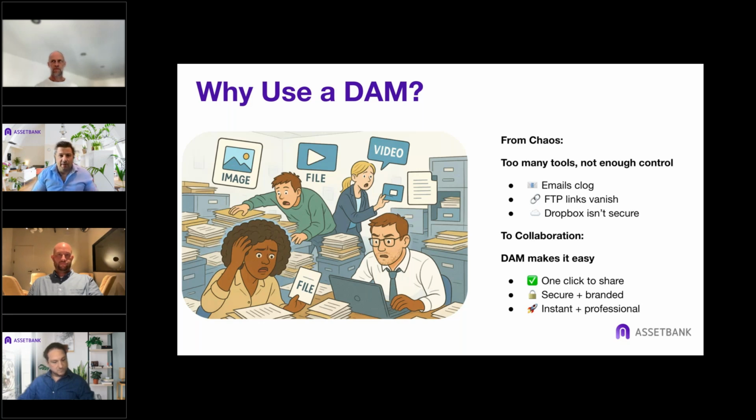So in terms of why we use a DAM, we've got one click to be able to share assets. It's secure and branded, and of course, it makes the ability to find and share things instant and professional.